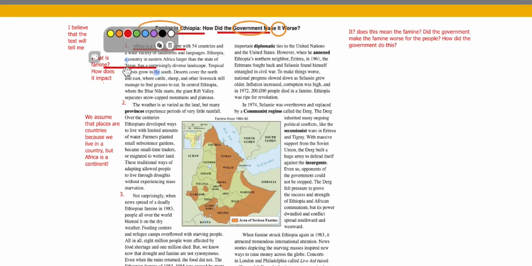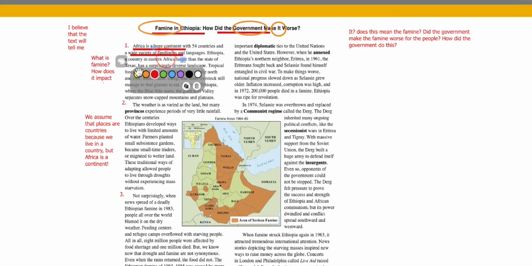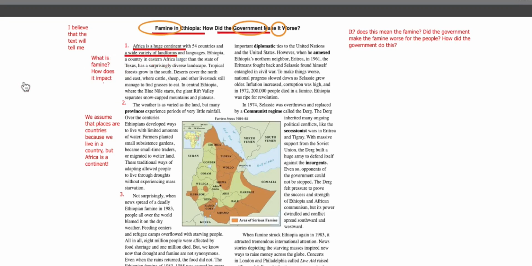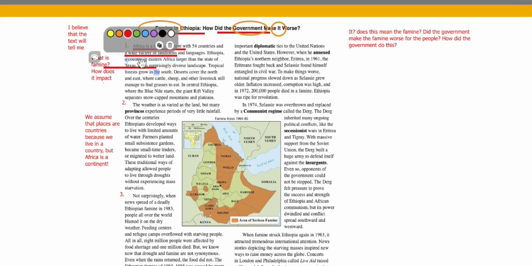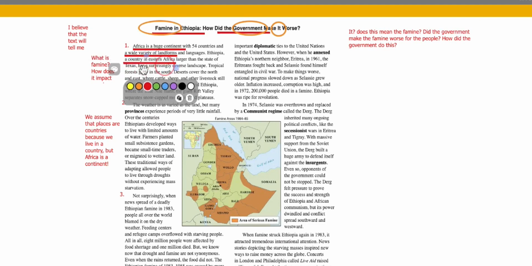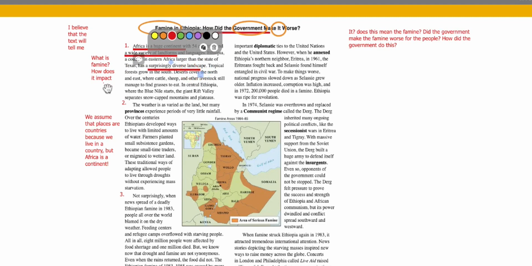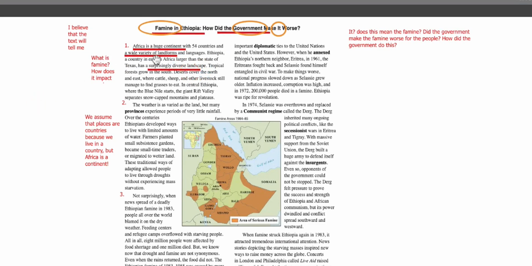So I'm going to underline that. And the reason why I'm underlining it is because something similar is said in the second sentence. And I know that if something is repeated, then it must be important. So here we have a wide variety of landforms, and Ethiopia has a surprisingly diverse landscape.